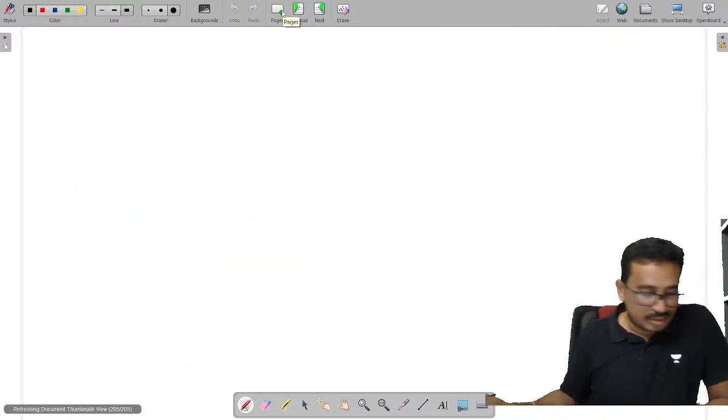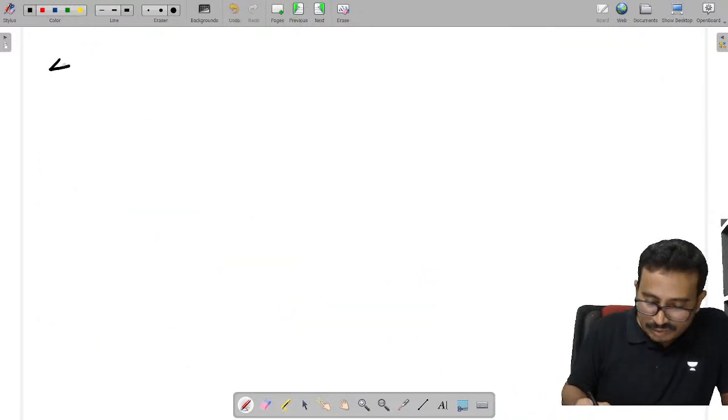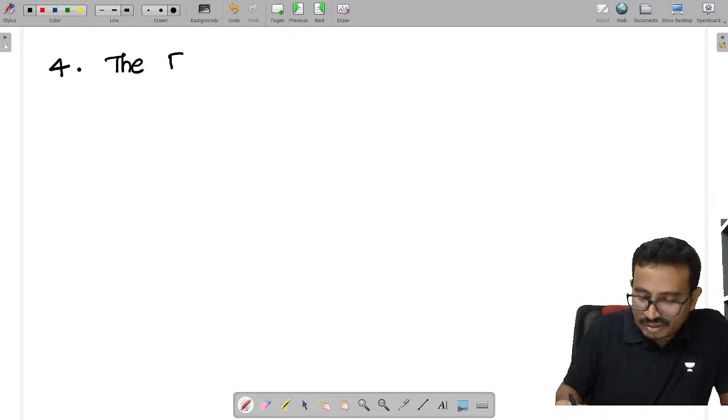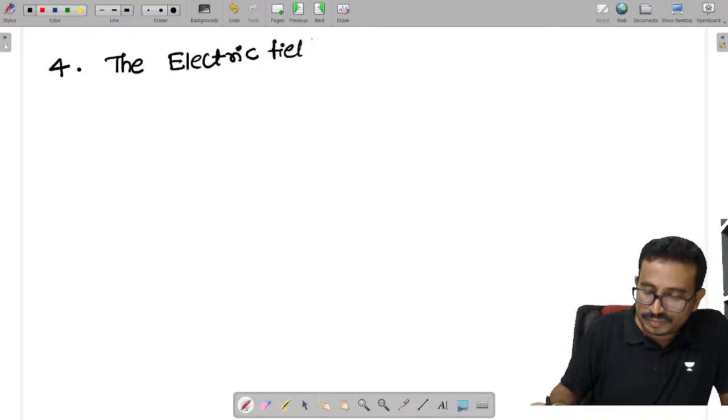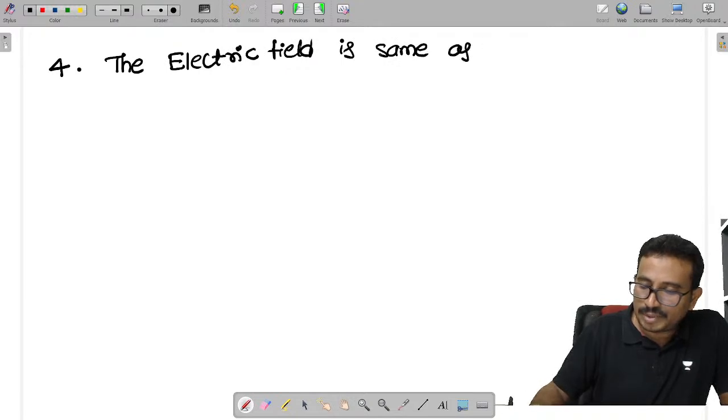Right. So here, remember, the most important thing here: the direction of electric field is same as the direction of force.